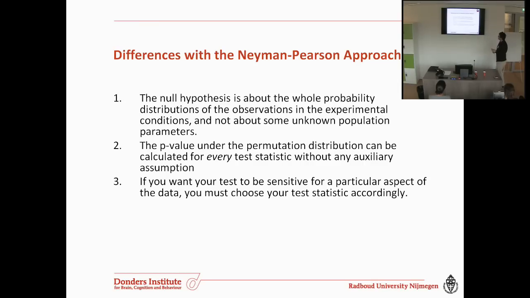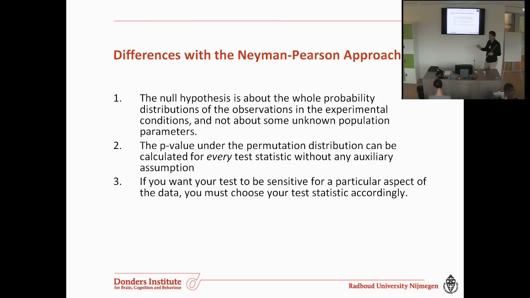Now, what are the differences with the Neyman-Pearson approach? I already briefly mentioned. First, the null hypothesis is now about the probability distribution of the observations, and not about the unknown population parameters. Second, that's very important, the p-value under the permutation distribution, you can calculate this for every test statistic without any auxiliary assumption. So there's no normality whatsoever.